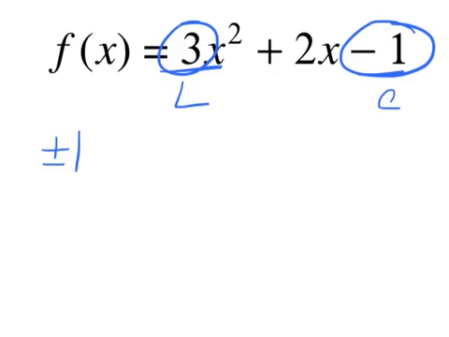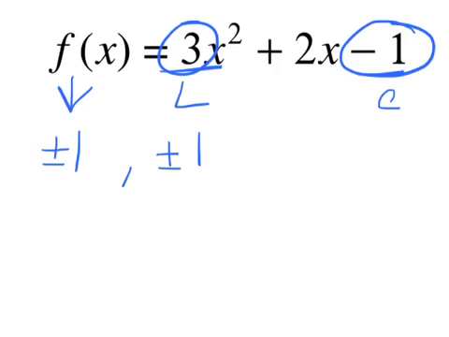And if you have no other factors that you could take out of a -1, then you're finished with that part of it. So then you go to the leading term, which is 3. And what you will do is put each of these that you found for the constant, all of those factors you're going to list, plus or minus, and in this case it's plus or minus 1.